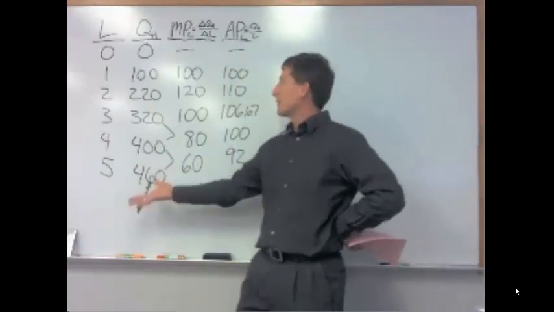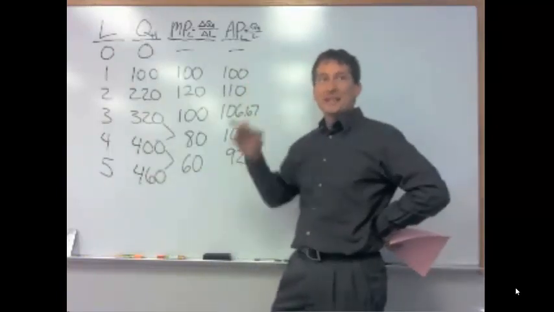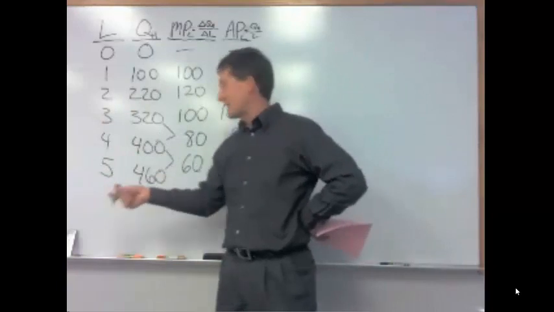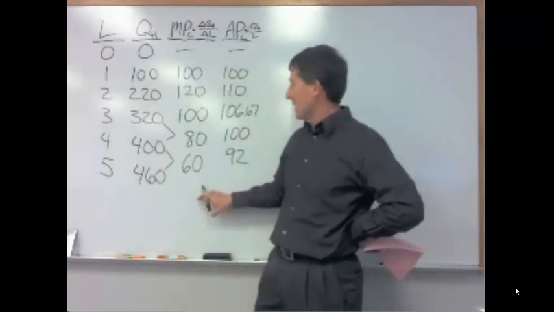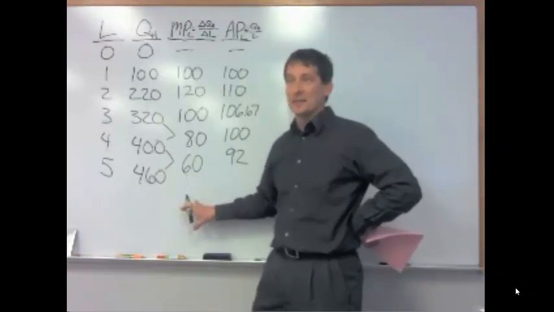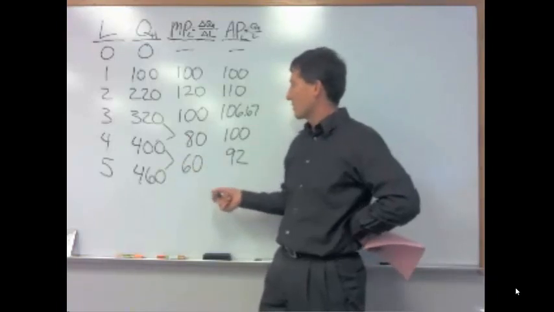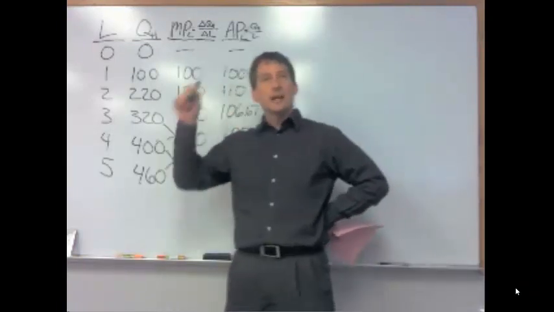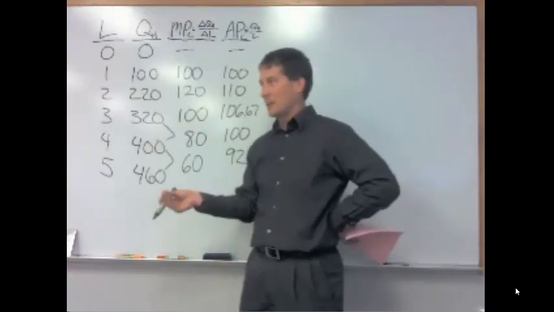Yes, on average, they were doing 92. But the decision to hire an extra person is done at the margin. And the law of diminishing marginal product tells me that they're not even going to be doing 60. They're going to be doing something less than 60 because we've got that congestion issue and the lack of productivity for those extra workers. So that's why economists stick to these marginal things that we're having to memorize throughout the whole semester.